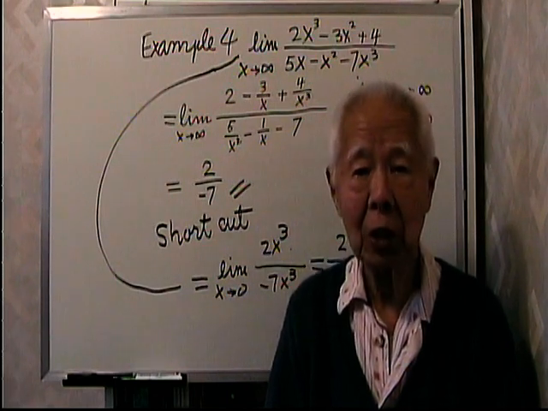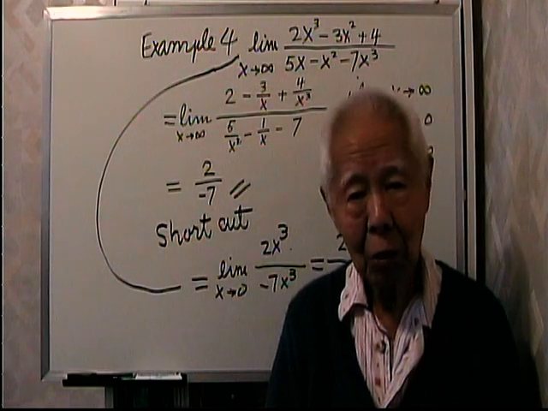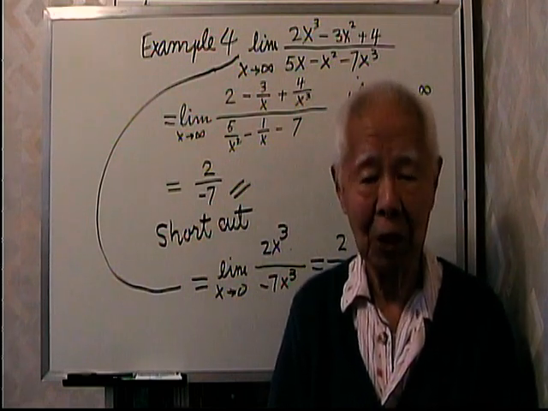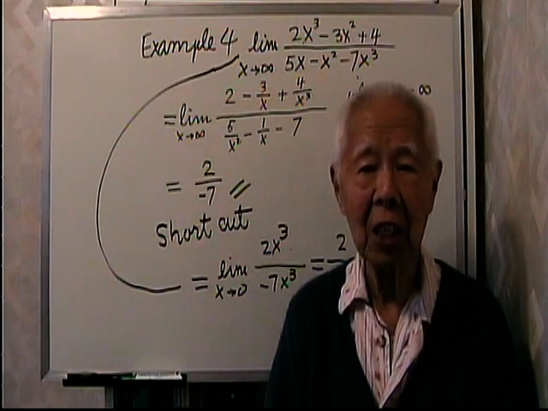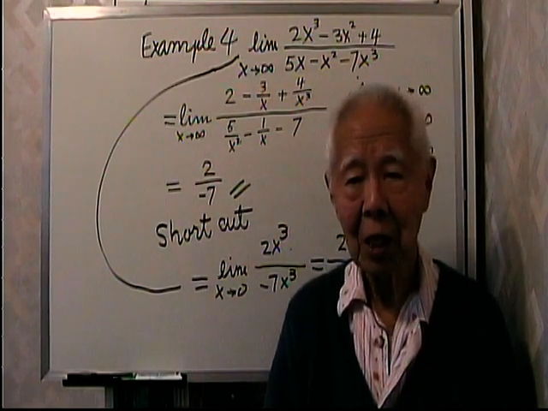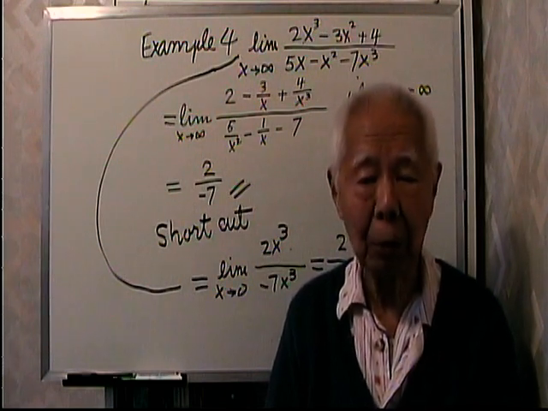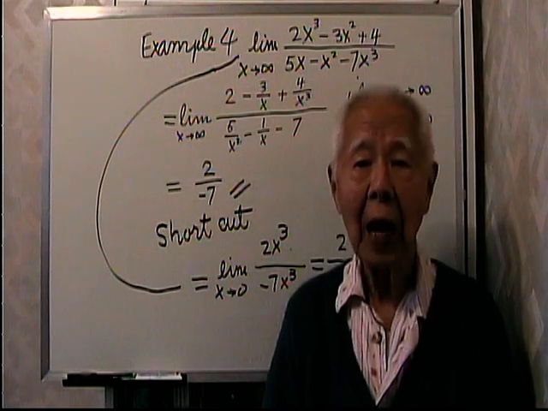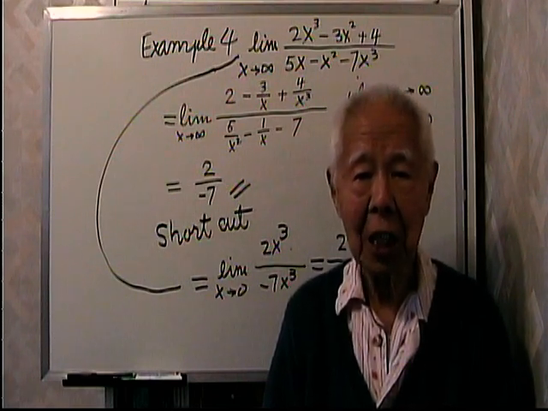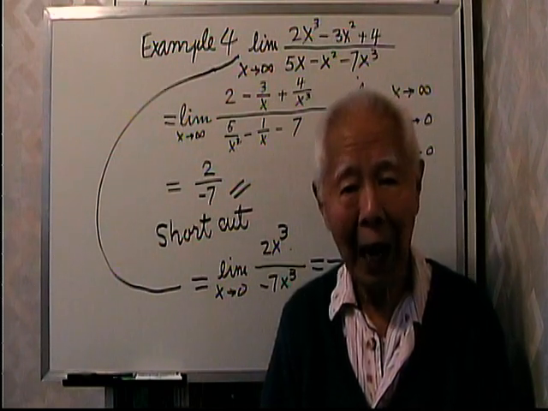But sometimes before we do direct substitution, we need to simplify something. So to simplify, one of the ways is to factor. When you factor the top, or factor the bottom, or factor both, sometimes you can cancel something. After you cancel something, the expression becomes simpler, and then you do direct substitution.